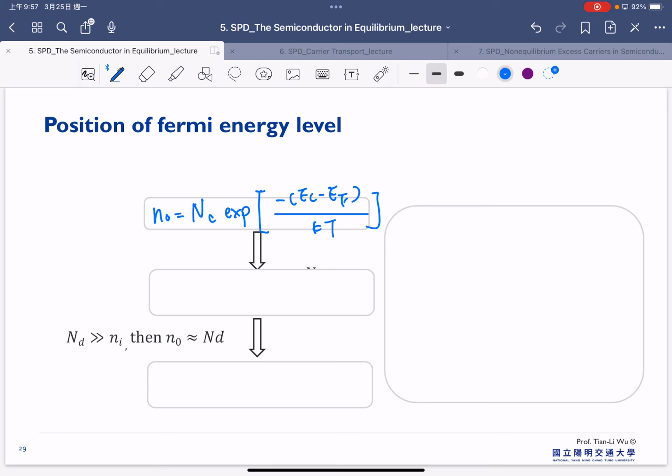With simple calculation, we know Ec minus EF is equal to kT natural log of Nc over n0. Now if we assume this is the case when our Nd is larger than ni, and n0 is equal to Nd, then we have the equation shown here.